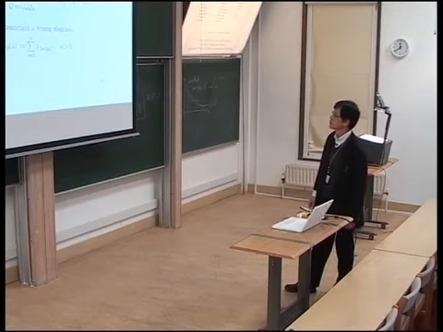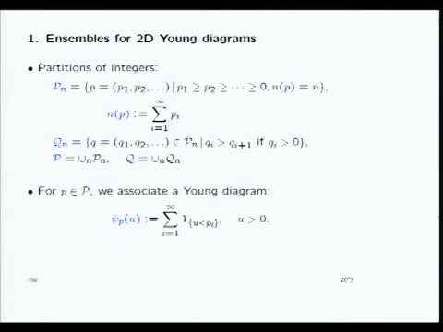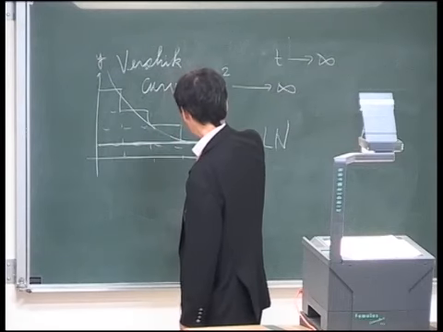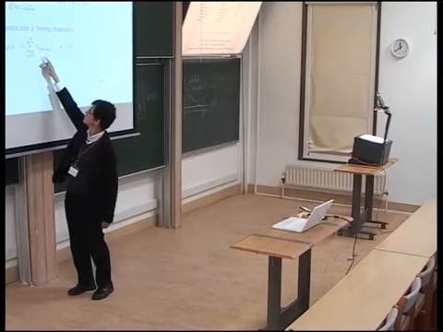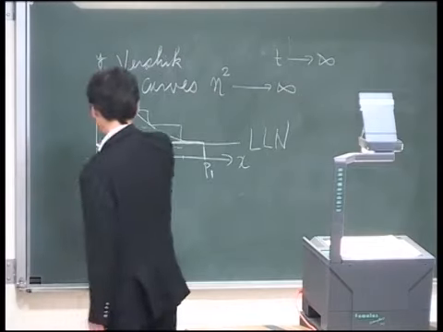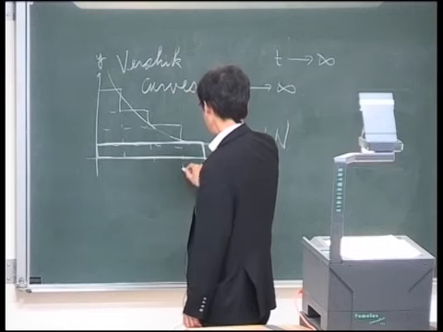And we can associate a Young diagram with these partitions by piling up sticks. P1 is here. Then the function 1 over the interval from 0 to p1 is this step function. Then p2 is here.